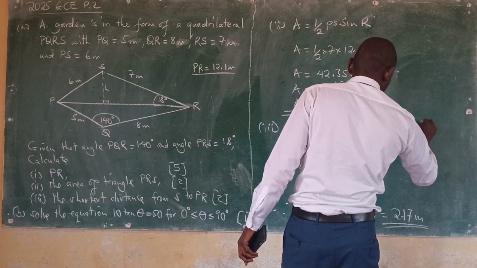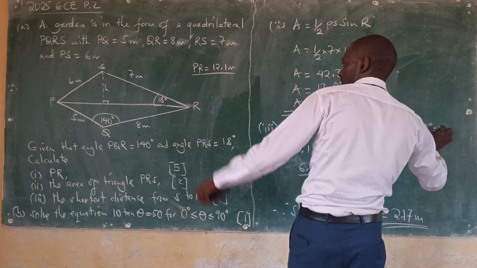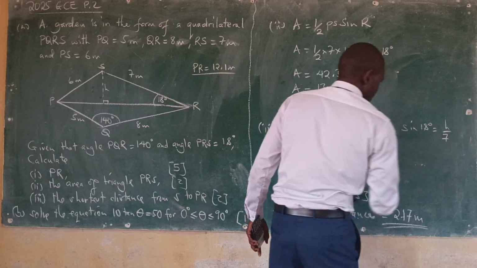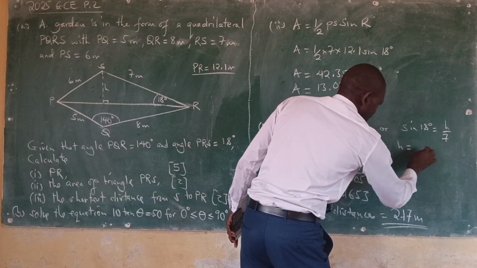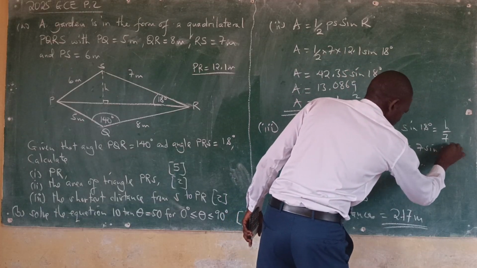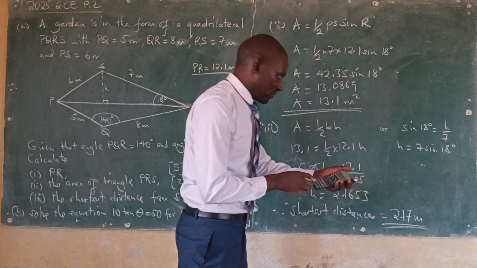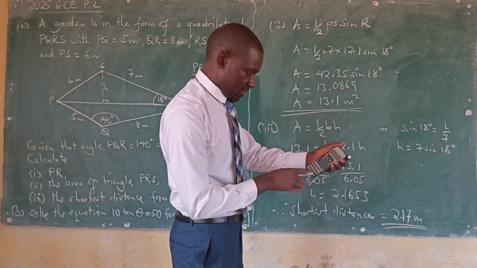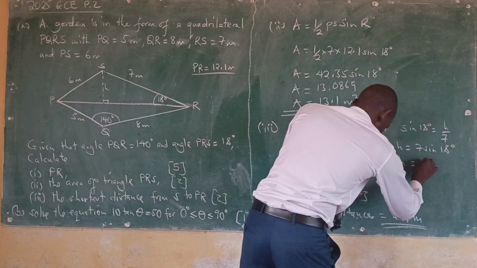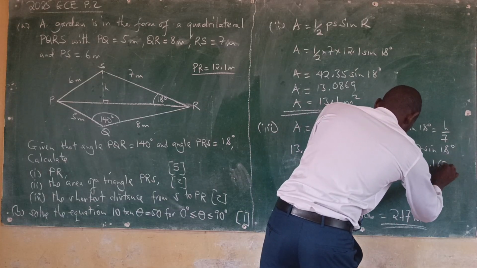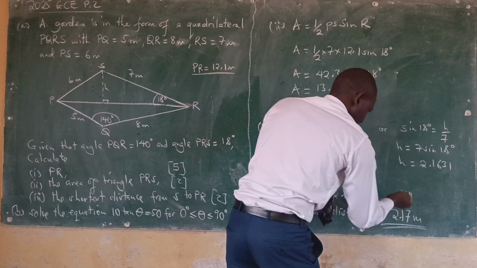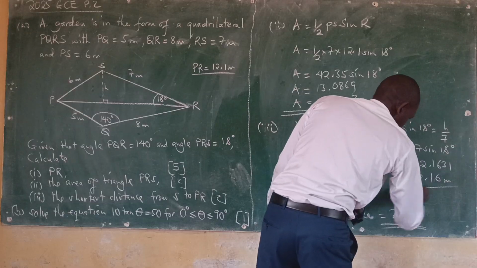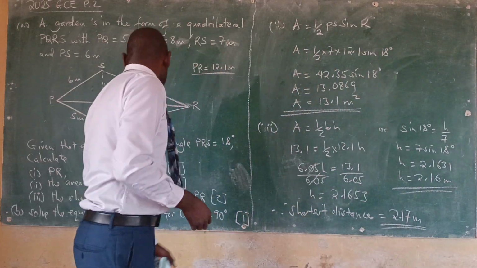So sine 18 degrees is equal to the opposite is h, and then the hypotenuse is the 7. So if we do cross multiplication, h is simply equal to 7 sine 18 degrees, and if we do that computation, 7 sine 18, h is simply equal to 2.1631. So roughly you can see that it's roughly the same, 2.16 meters as the shortest distance.